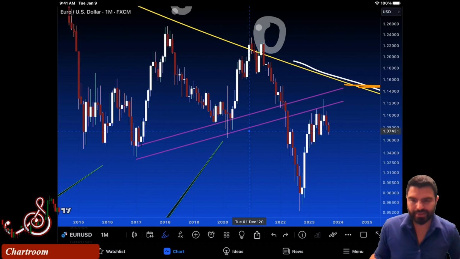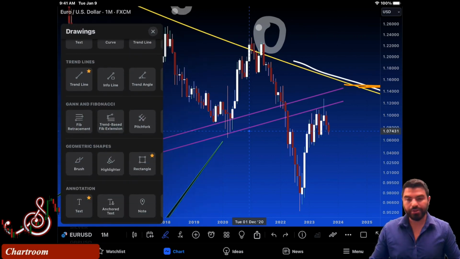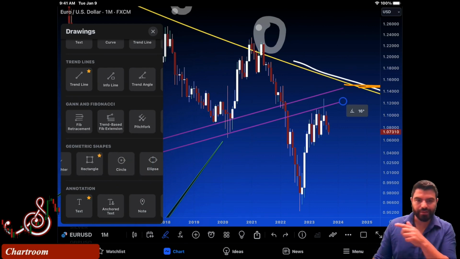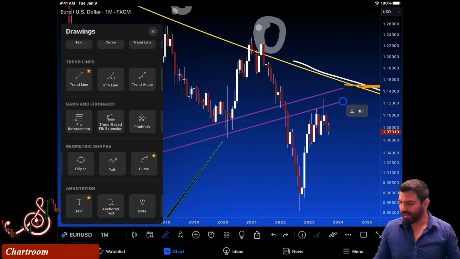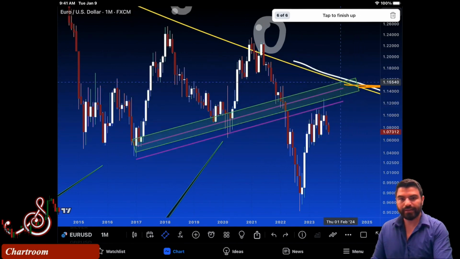I'm going to show you this, and this is how we can do wick range. If I click on this tool and click on geometric shapes, one of them says rectangle, but if I slide my finger along there on the iPad, one of them says rotated rectangle. If I click on rotated rectangle, I can now draw a rectangle that I can rotate.